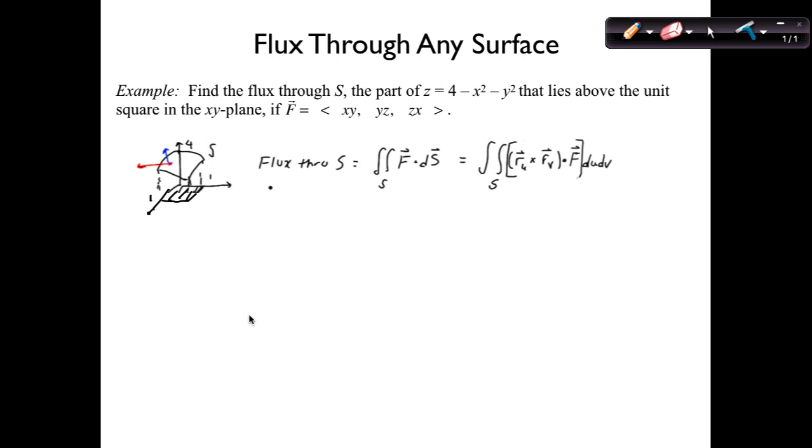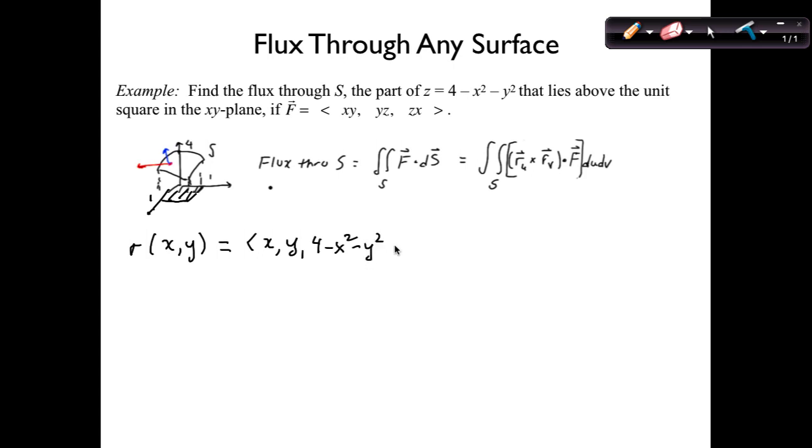This is what you did over the weekend, parameterizing surfaces. z equals 4 minus x squared minus y squared, a paraboloid opening downward. What are you going to use for your two variables to write every point on the surface? Okay, someone suggested x and y. Can we write it as x and y? Okay, and what would it be? x, y. Right, that's the easiest.